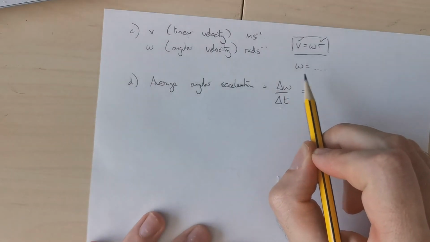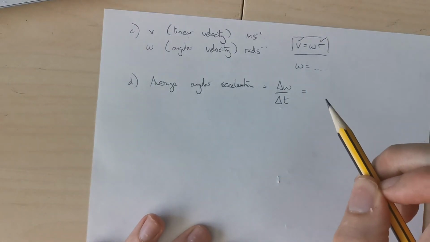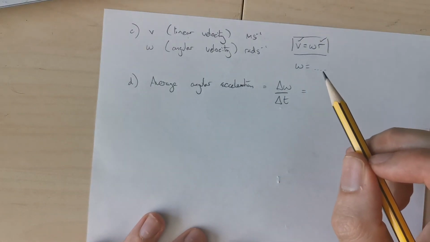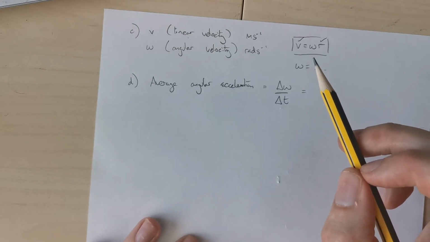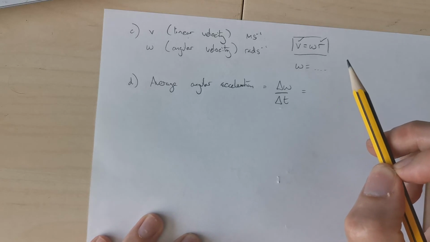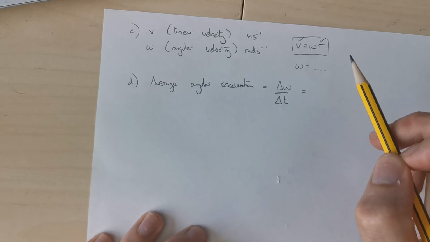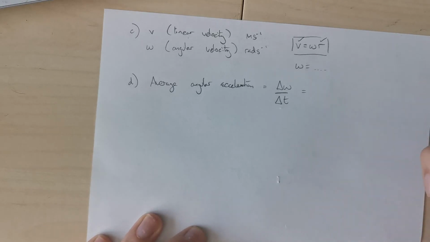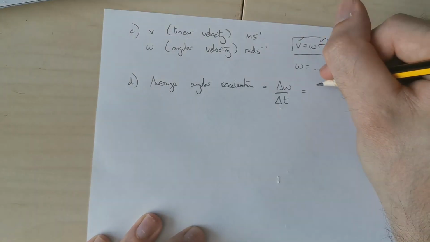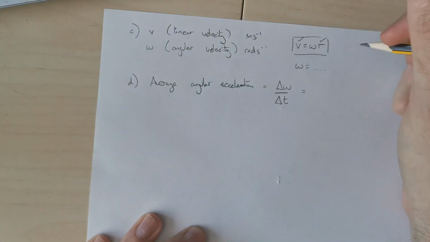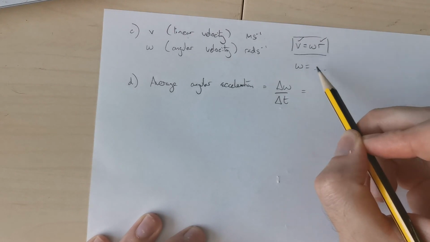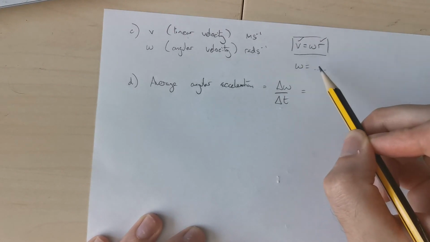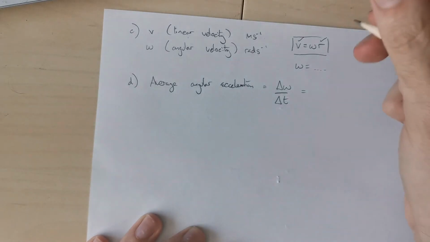Now, the angular velocity, how much the drum is spinning, we know how much that's going to vary to and from. Given that our load starts off at a speed of 0 meters per second, that means that the drum will be rotating at 0 radians per second. So we've gone from 0 radians per second to the expression that we have up here, which is our final angular velocity in radians per second.